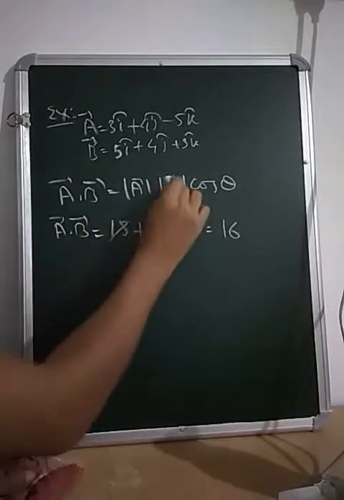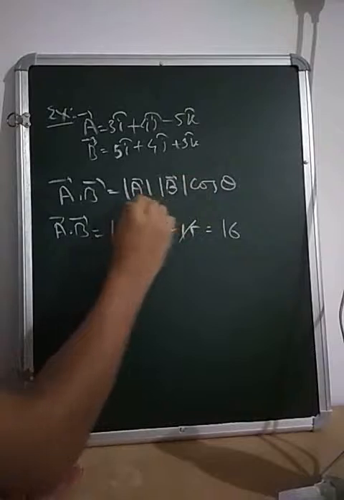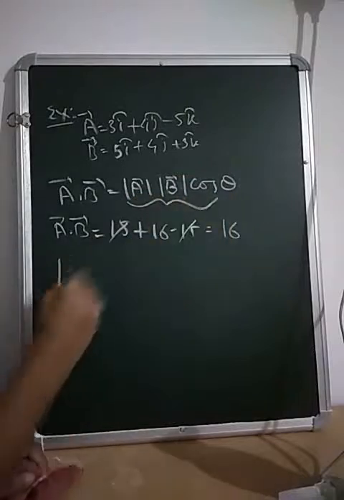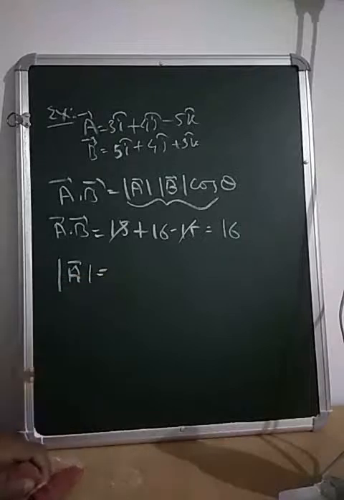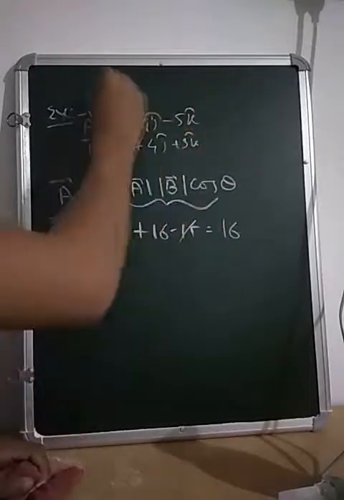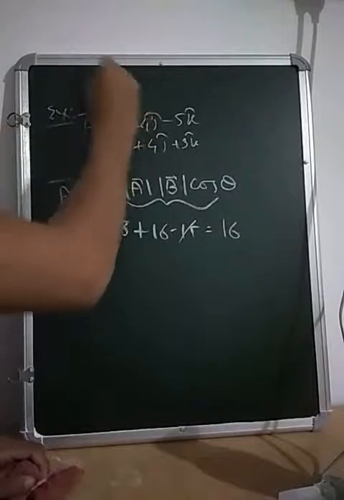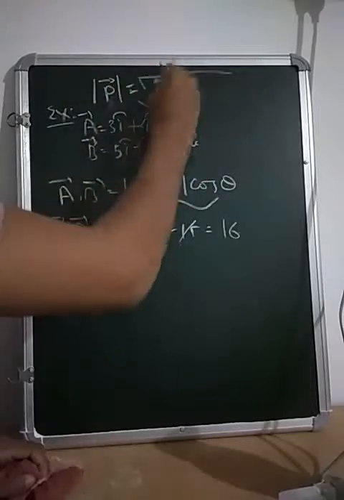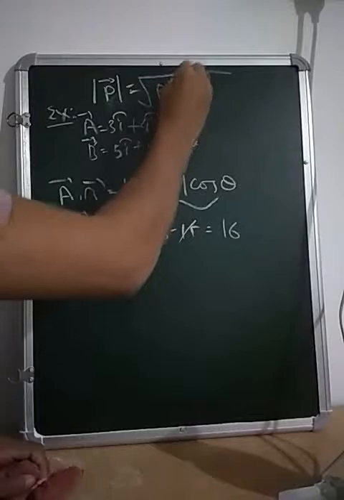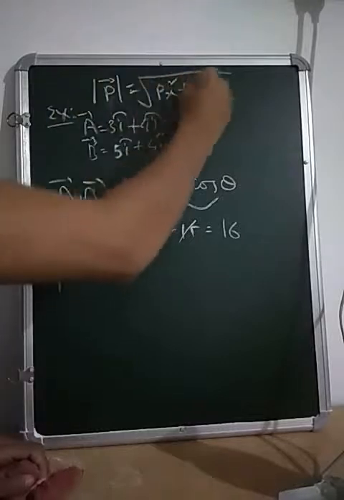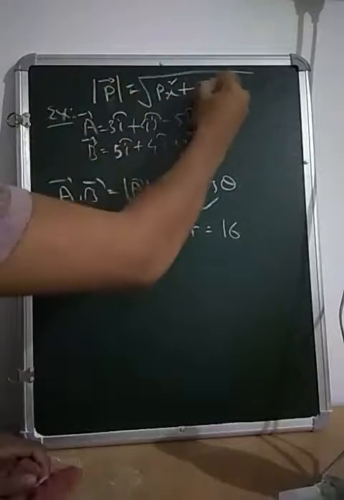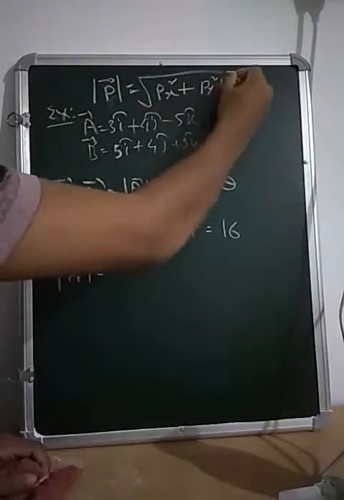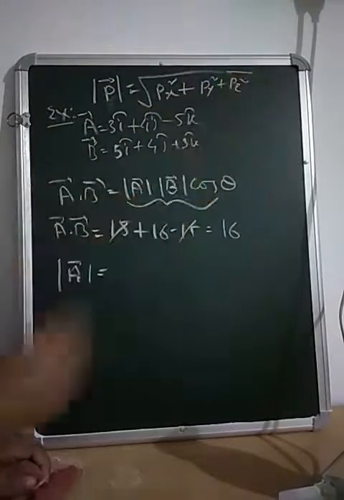Now you have to calculate the magnitudes. As we discussed in the last class, suppose we have a vector P. The magnitude of this vector is the square root of the sum of the squares of its components, plus pz square.